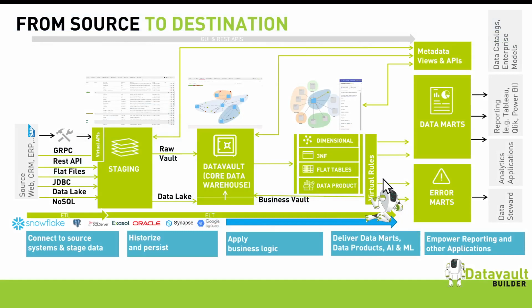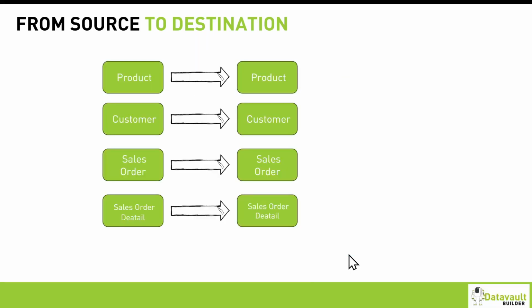Then we started to create interfaces in a module called dimension model, but we can do whatever we like here: third normal form, flat tables, data products. To visualize what we have done so far, we created for every element an output with all the attributes. We will change that a little later.